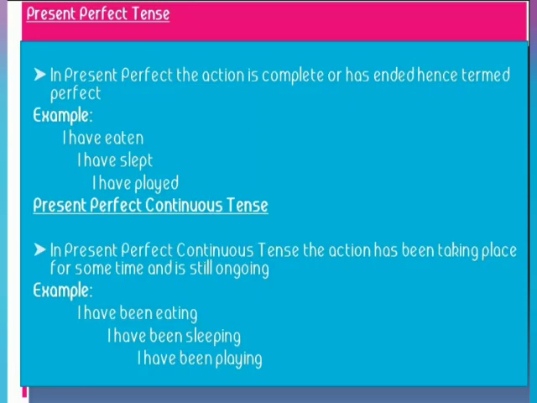In present perfect continuous tense, the action has been taking place for some time and is still going on. For example, I have been eating. I have been sleeping. I have been playing. Hence, you call it present perfect continuous tense.